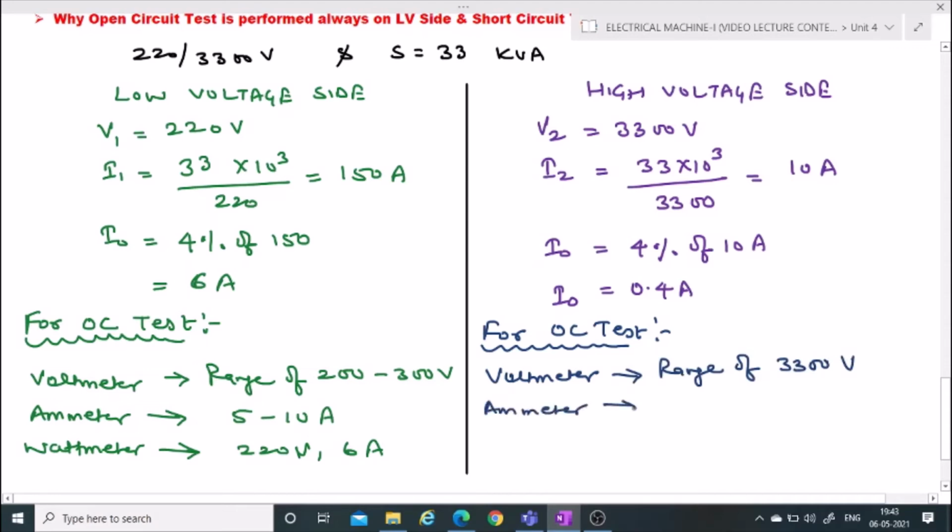An ammeter will be required for the range of 0 to 1 ampere, and the wattmeter required will be of the range 3300 volt, 1 ampere.